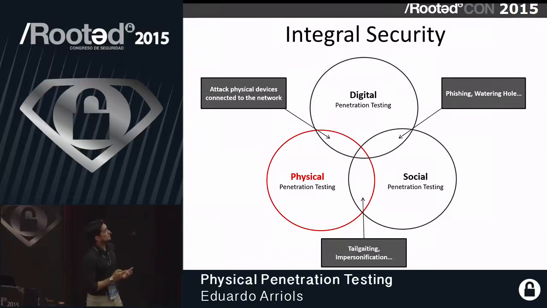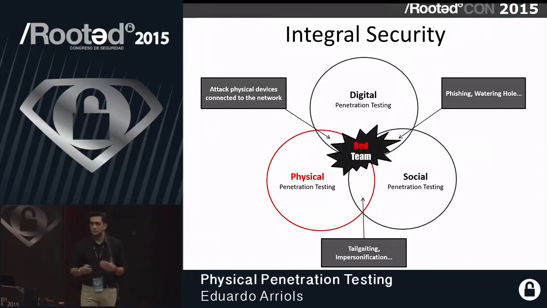If you check all these aspects separately, you will miss many attacks. Many attacks will be out of the scope, will not be reached. Sometimes you just don't check the access control. All that is a part of the security which is in between physical and digital. And that's why it is so important to carry out red team exercises.